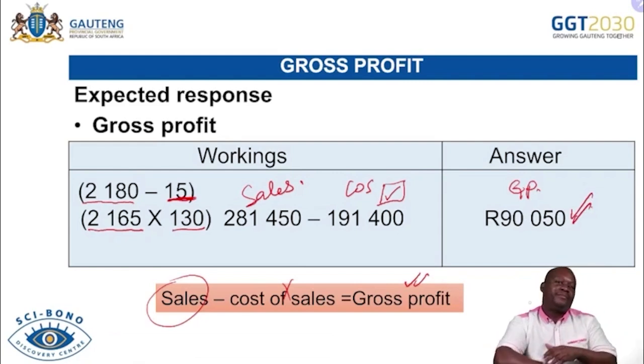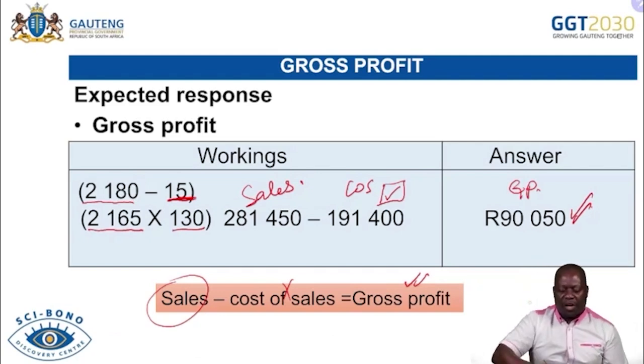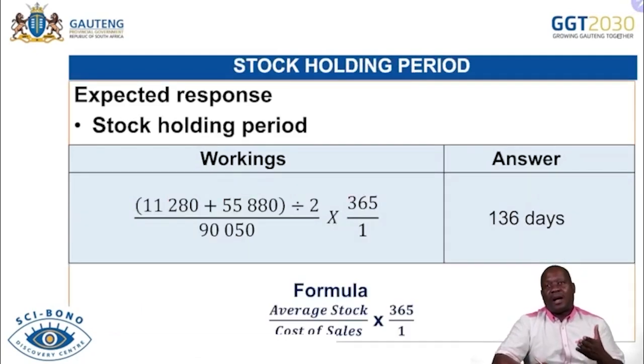Sharp, sharp. Still on the same page. The next thing that we are calculating is our indicator. Remember last week, we looked into financial indicators, and one of the indicators that are there is stock holding period. And remember, in which class? Some of you have already forgotten.